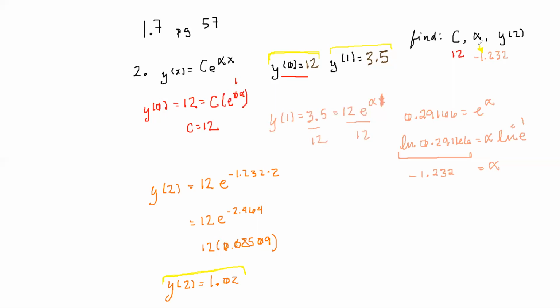All right. Let's do next, let's do number 8. So again, here we are on page 57, doing number 8. Find the doubling time of a quantity that is increasing by 7% per year. All right.